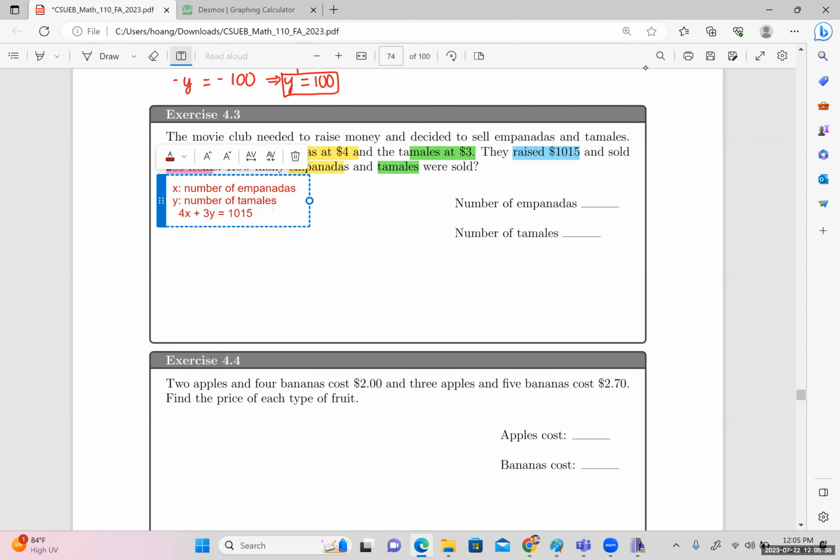So after selling X number of empanadas and Y number of tamales, you will have $1,015. And the total number of items is going to be X plus Y, which will be equal to 285.